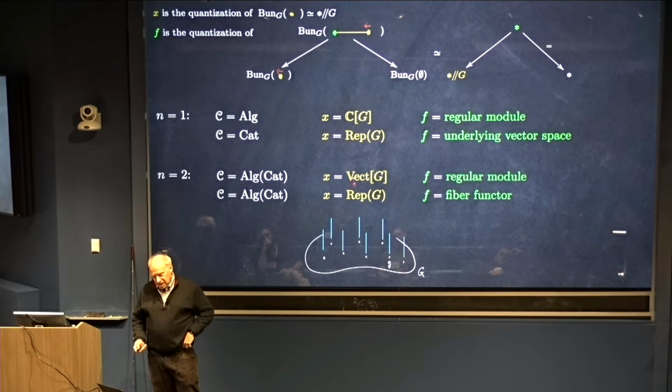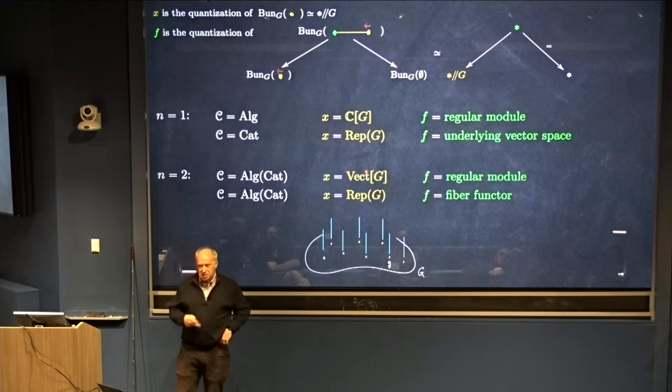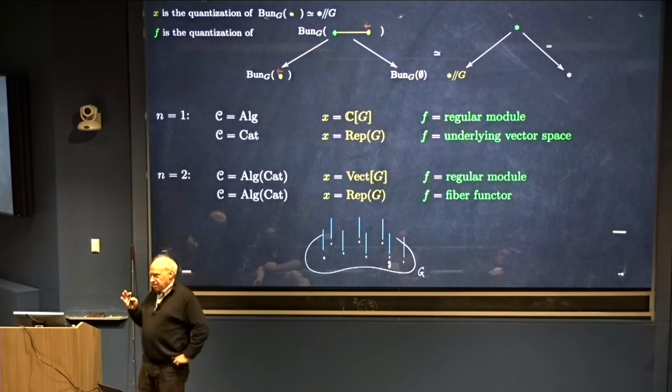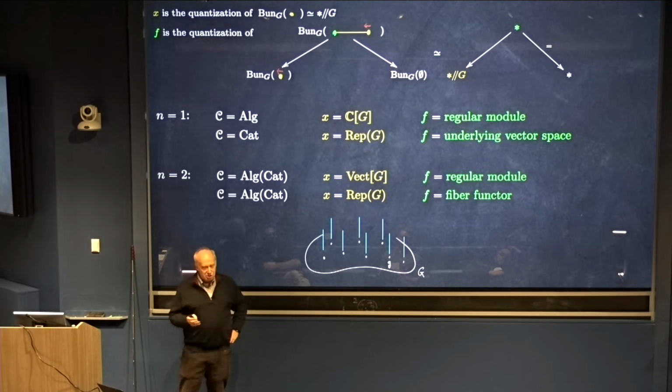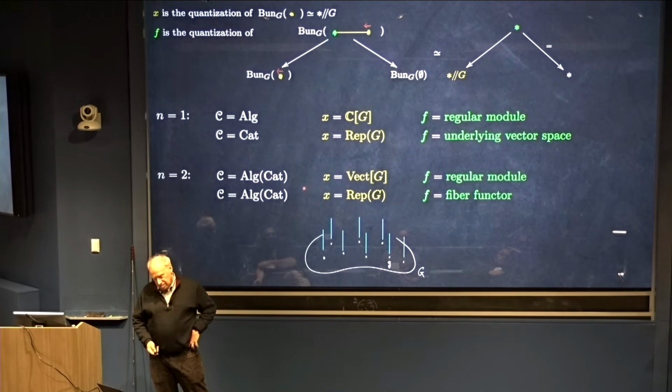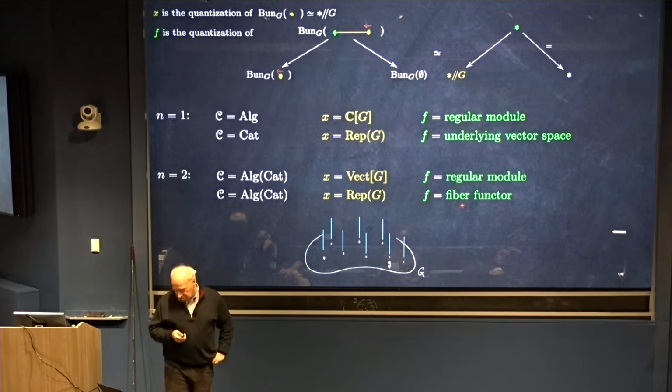And analogous to the group algebra with coefficients in the complex numbers is a kind of group ring here with coefficients in vector spaces. So it's vector bundles over G. Again, we use convolution, push forward under multiplication. On the other hand, we can do a Morita equivalent thing, which is to pass to the category of representations, and then this becomes a standard fiber functor.